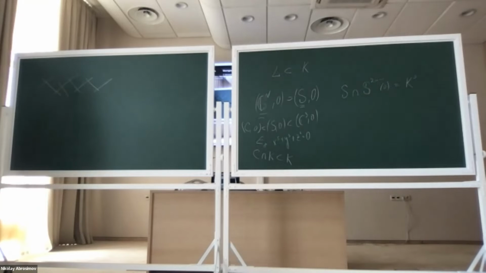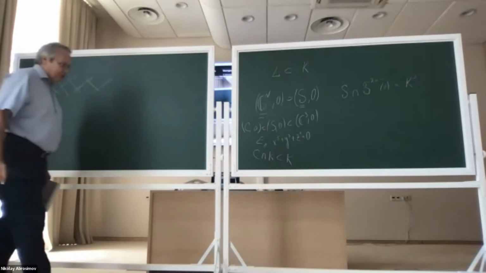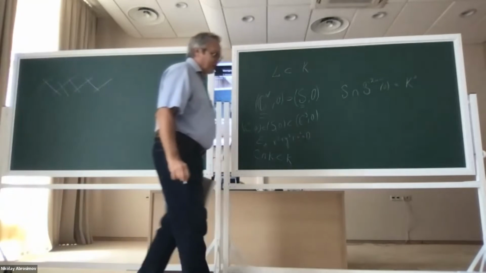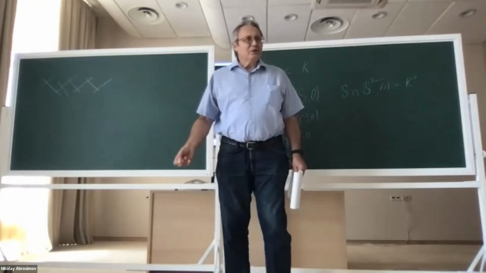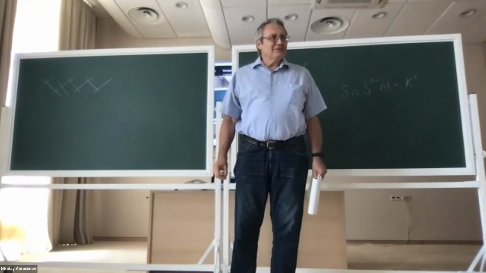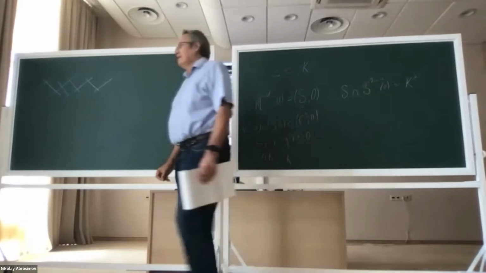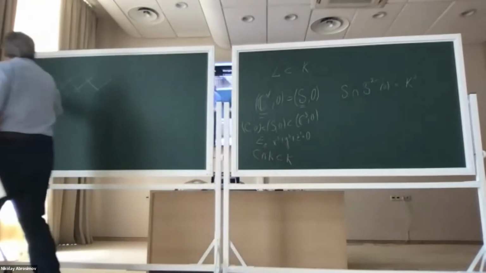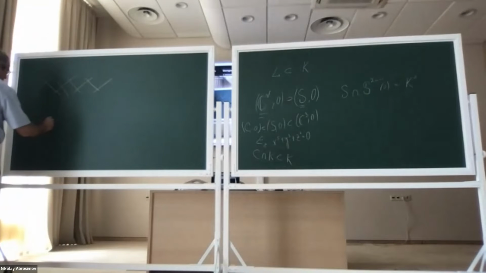But usually, in order to describe a resolution, it is more convenient to use the dual graph of the resolution. That means that to each component of the exceptional divisor, we associate a point. And if 2 components intersect, then these points should be connected by an edge.